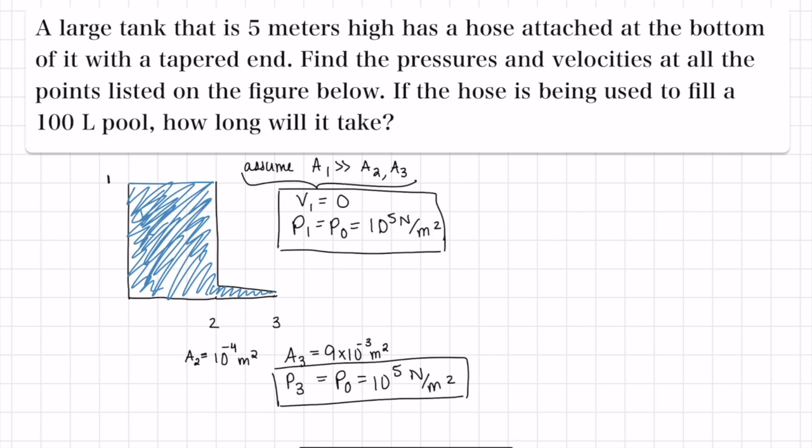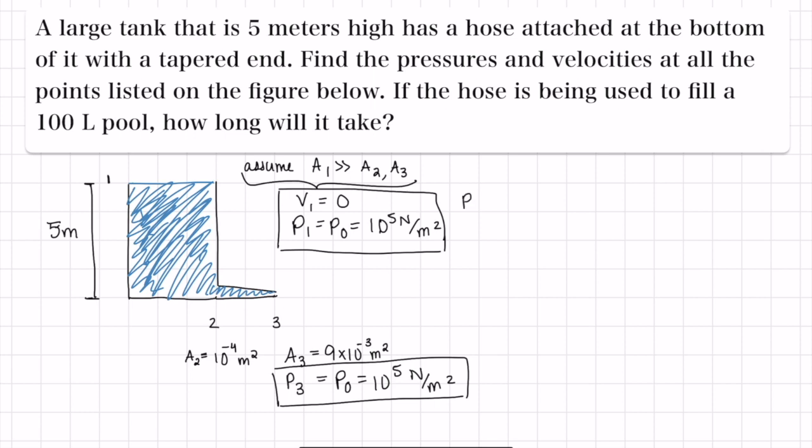Because we know the velocity, and actually I should have drawn the height on here as well, so this is going to be 5 meters. Since we know the velocity and the pressure at point 1, and we know the pressure at point 3, and we have the height between them, we can use Bernoulli's equation to find V3.